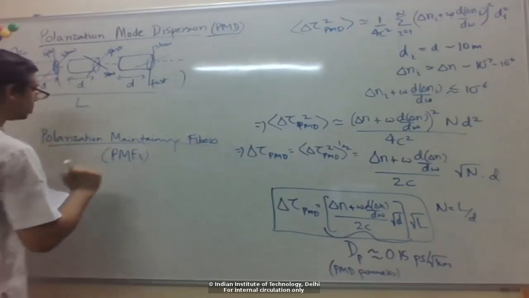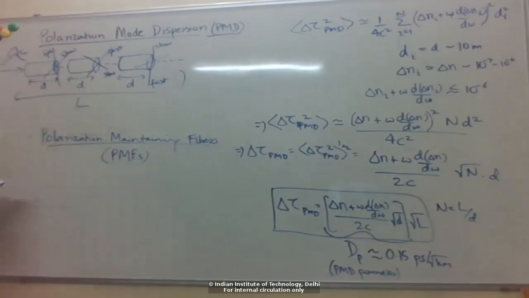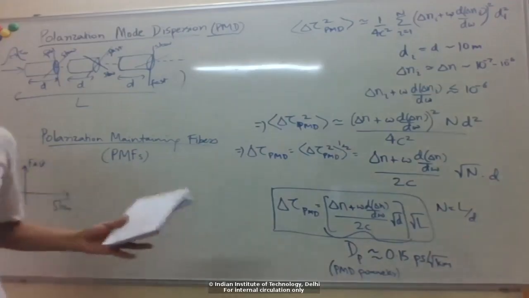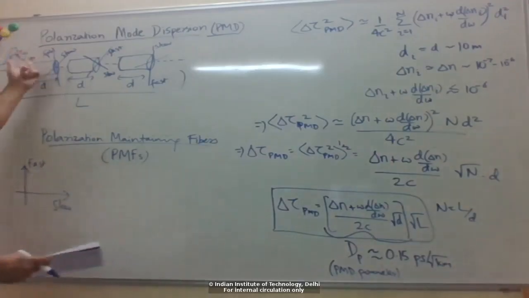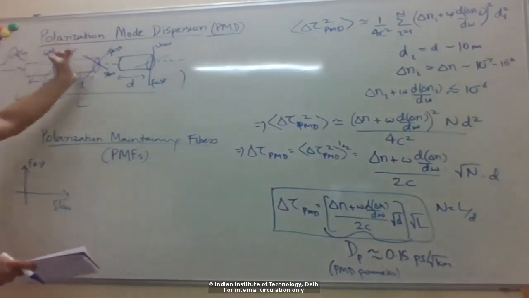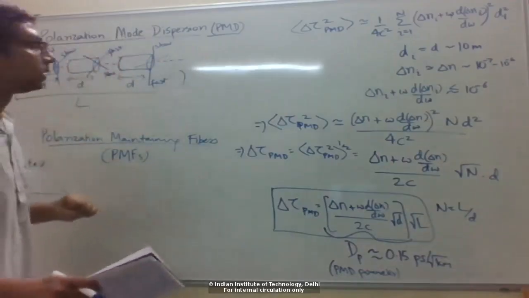So you deliberately have a fast and slow axis by design, and you make the birefringence very, very large, such that small variations do not change it. Here, the problem was that I didn't know where the fast and slow axes were along the length, right?